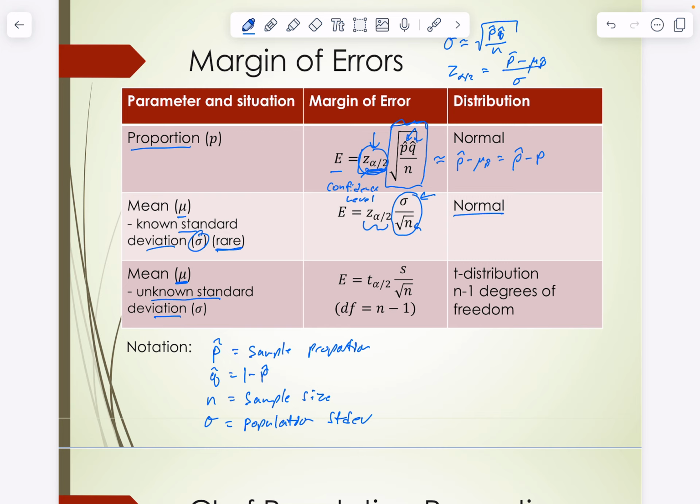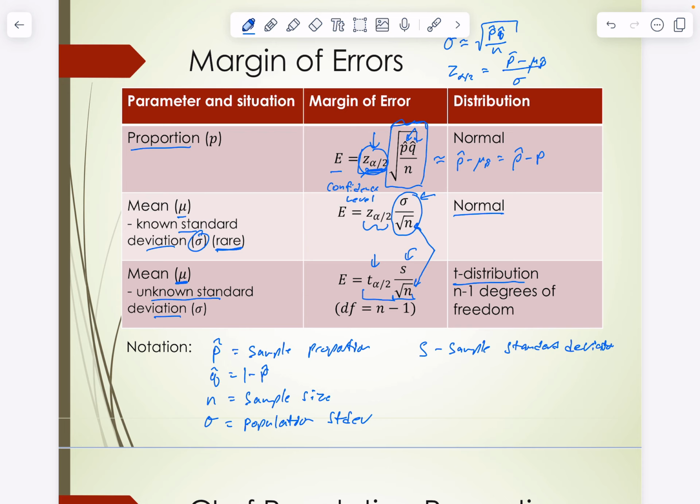If that is the case, then your margin of error is going to be t sub alpha over 2, signifying that you will be using a t distribution, which we will talk about, times an approximation of the standard deviation, s, that is the sample standard deviation, divided by the square root of n, similar to what we had before.